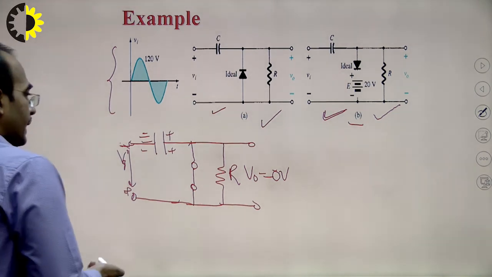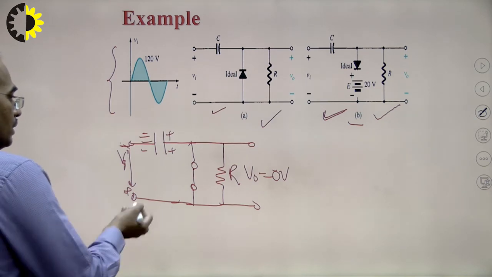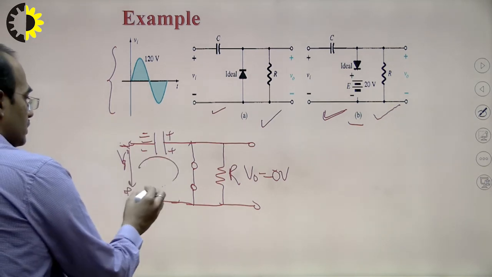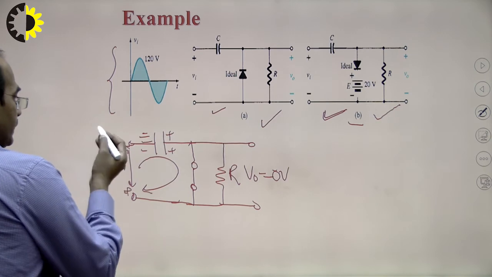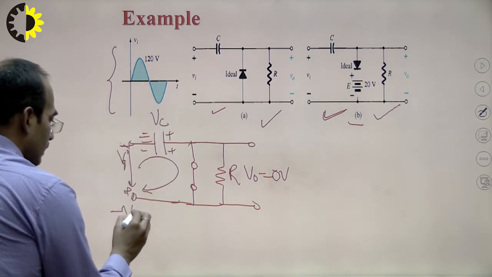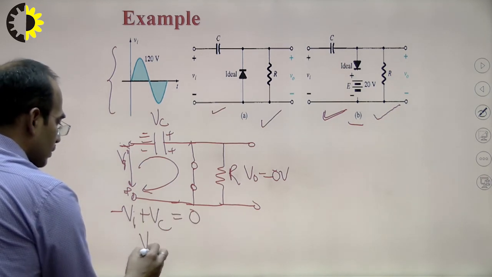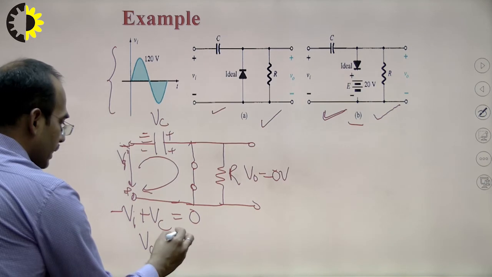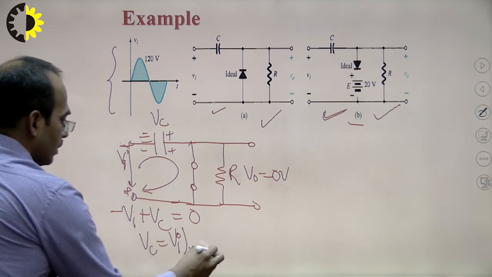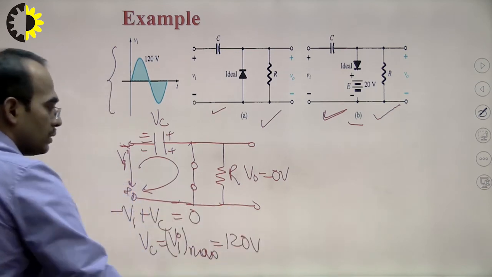For next half cycle, the voltage across this capacitor, I have considered, minus Vi plus Vc is equal to 0. So Vc is equal to Vi maximum. What is Vi maximum? Vi maximum is 120 volt.